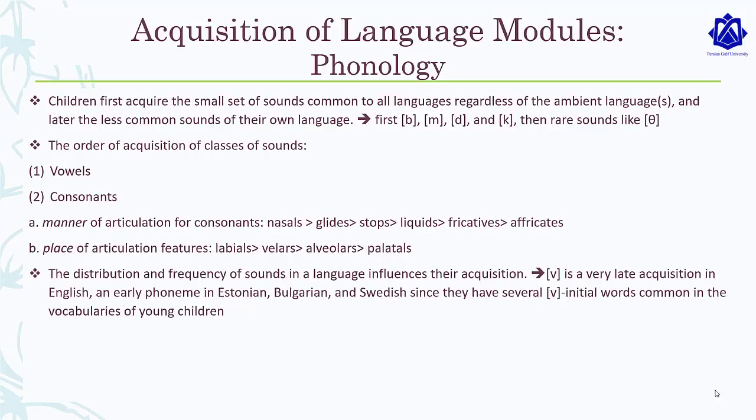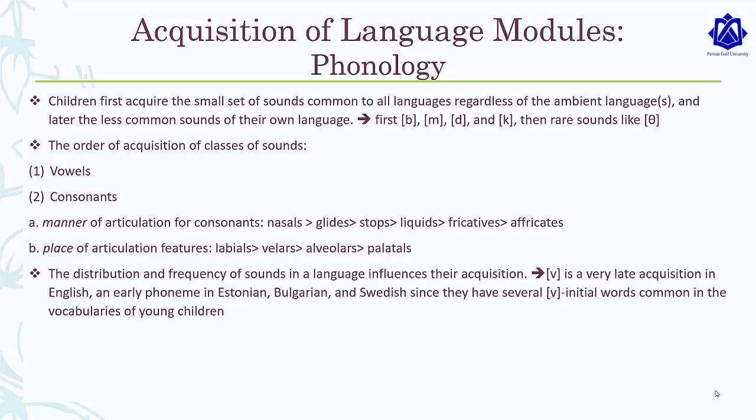If we want to talk about the order of acquisition of sounds, we can talk about two basic classes of sounds, that are vowels and consonants. And vowels are learned first, because in order to create vowels, they do not have to make a certain gesture. So with their mouth open in different degrees and the place of the tongue, they can create different vowels. So vowels are learned first.